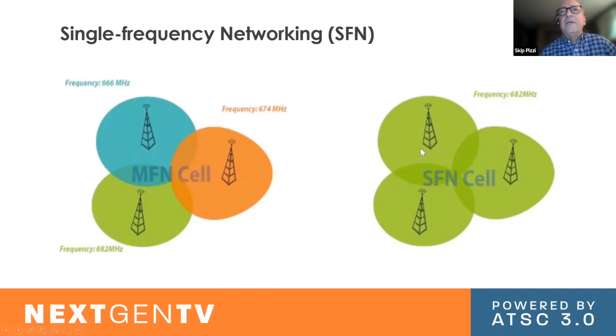And by doing that, it would allow you to operate at the less robust, higher capacity mod cod levels. So the SFN doesn't just improve coverage, it actually could improve capacity of the signal, because you can operate at less robust and higher capacity, higher payload settings.